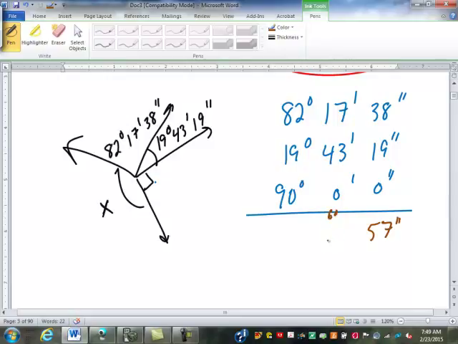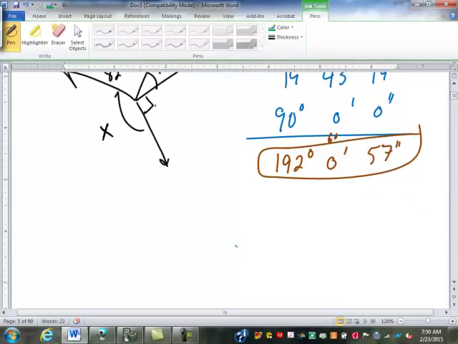What's that mean? 0, and we carry the 1 degree. So we have 83, 19 makes 102 plus 90, 192. Is that our answer?